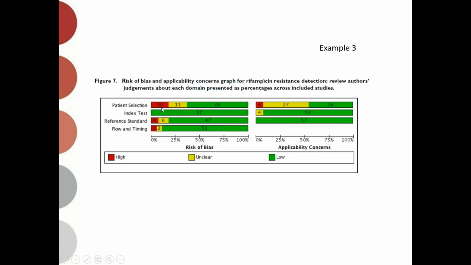So when you discuss the patient selection domain, you can say that about 10 studies presented with a high risk of bias in this particular domain due to these particular reasons, 11 had an unclear risk of bias due to poor reporting, and the majority, 36, had a low risk of bias. So these are examples of presenting your results in your review as graphs or as an overall summary broken down into individual studies.